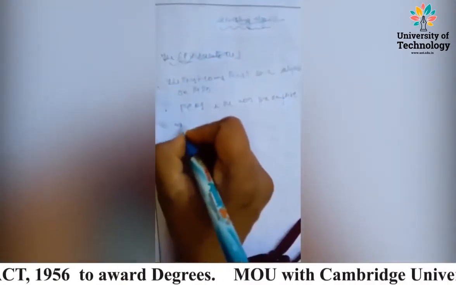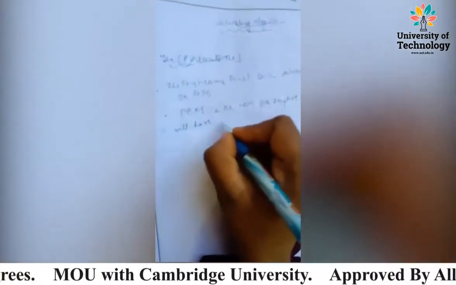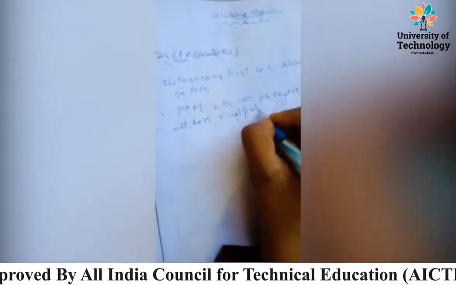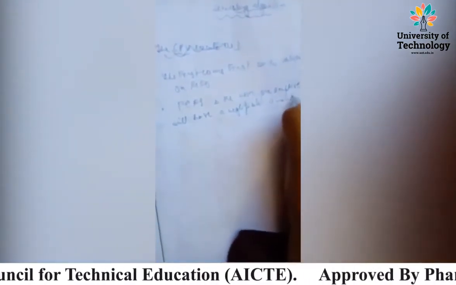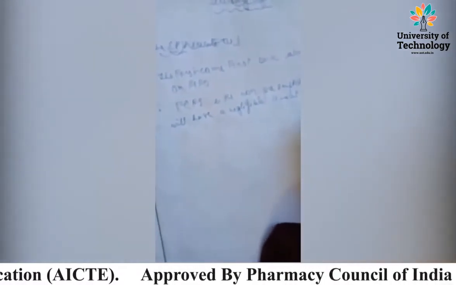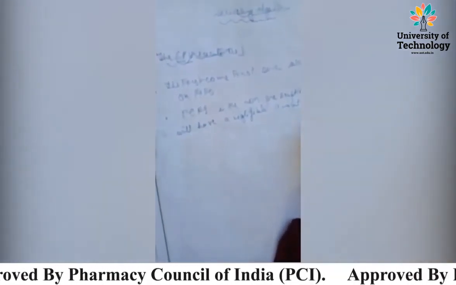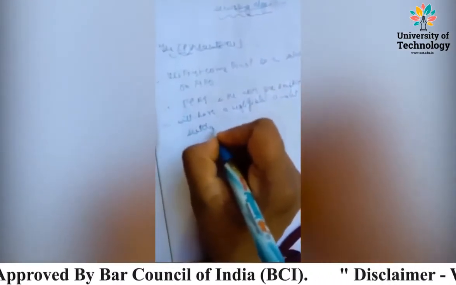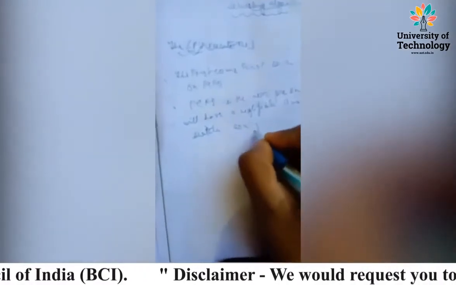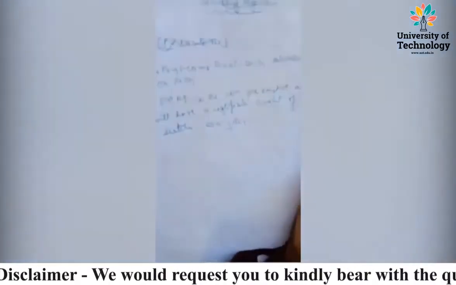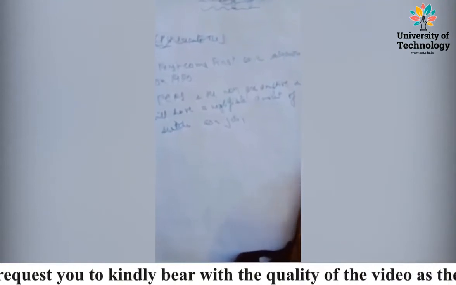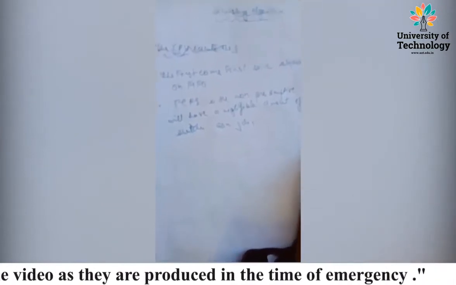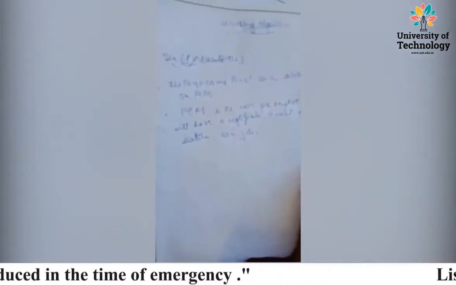If we say it is having a negligible amount of context switching as a job, or if we say it is non-preemptive in nature, what does it mean?